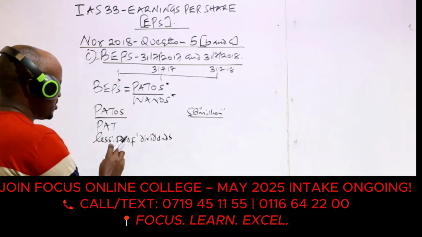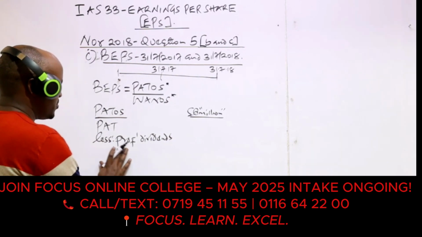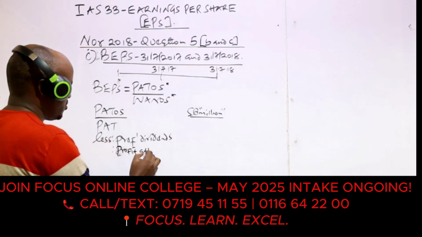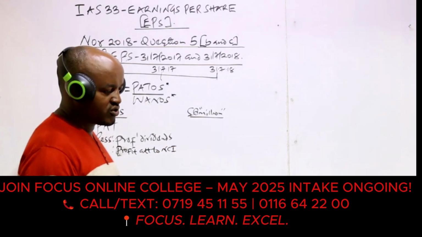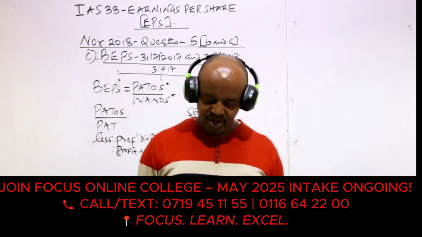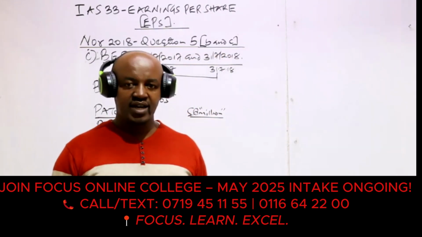If we are computing the earnings per share for a group of companies, we also deduct the profit attributable to the non-controlling interest. And actually, here we are computing earnings per share for a group of companies. That's what we are told in paragraph number 2.